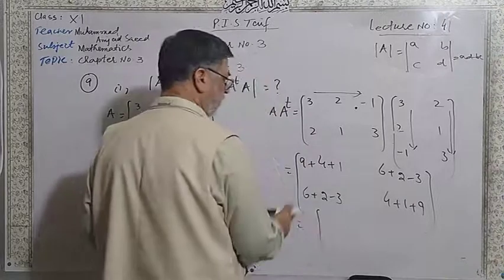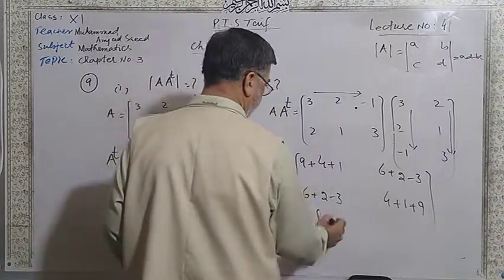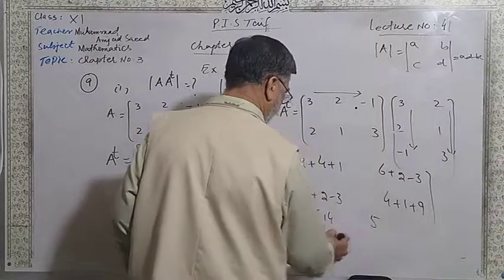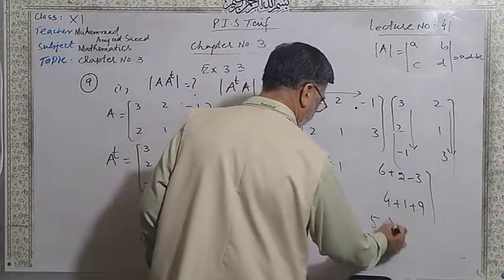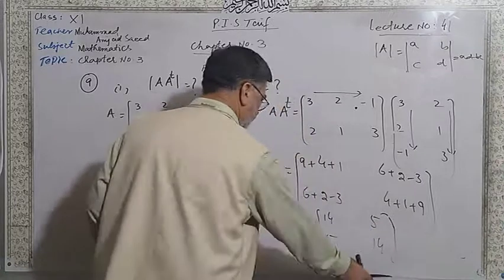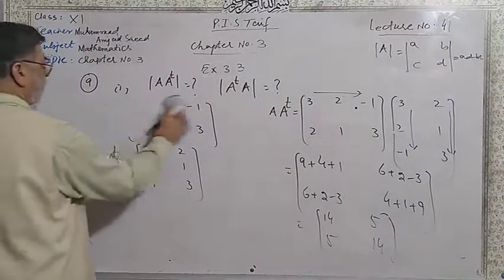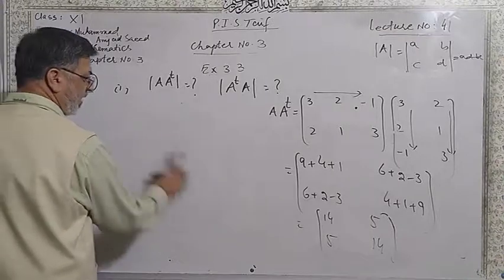Now we have 14, 5, 5 and 14. This is A transpose.